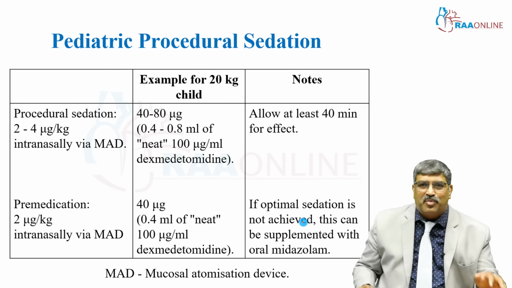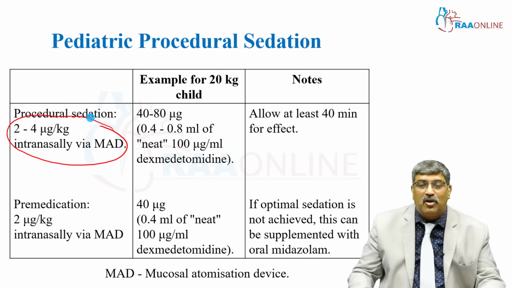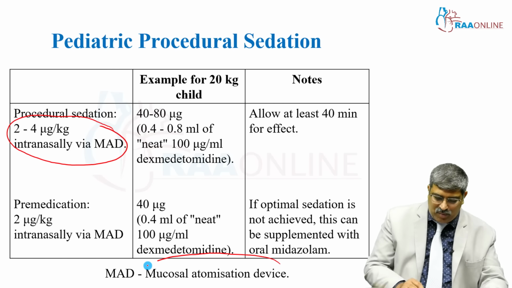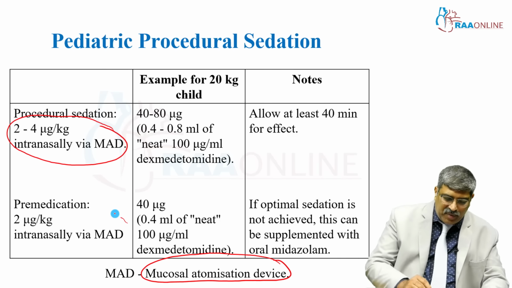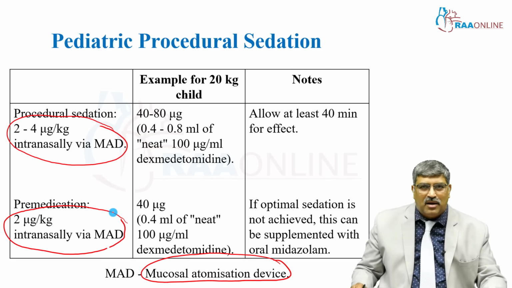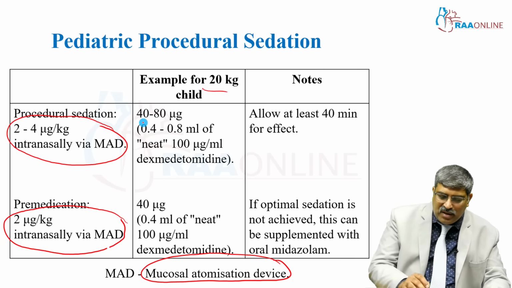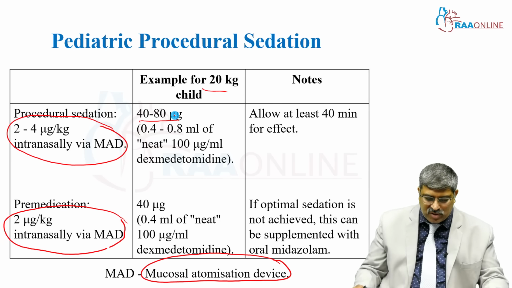Coming to pediatric procedural sedation, here you give 2 to 4 microgram per kilogram intranasally via a mucosal atomization device. In pre-medication in children, you give 2 microgram per kilogram intranasally via an atomization device. If the child is around 20 kgs, it is going to be 40 to 80 microgram for procedural sedation.